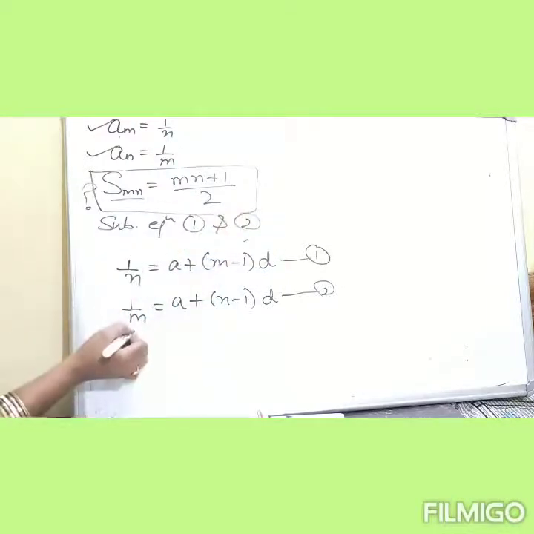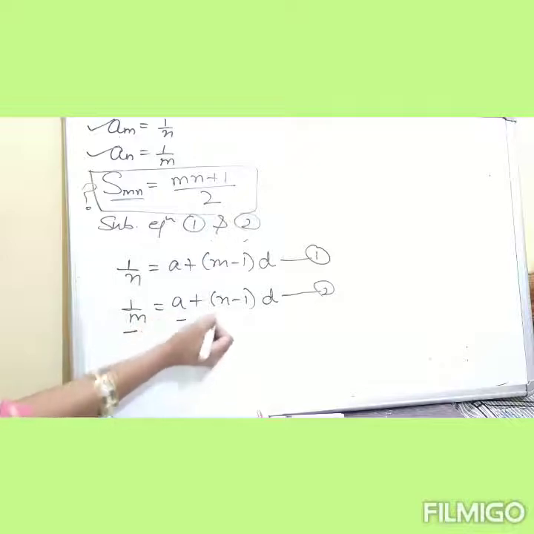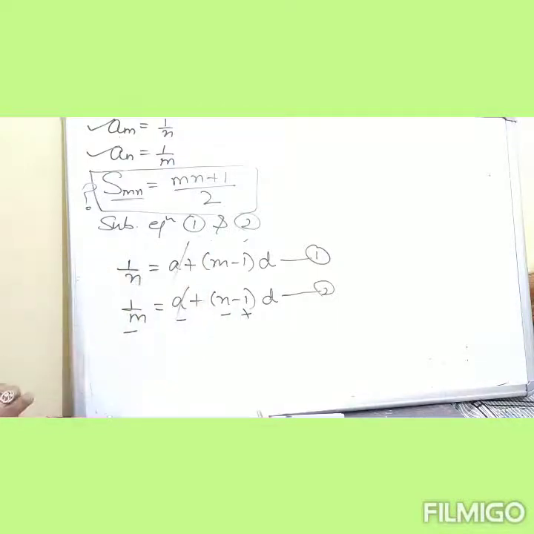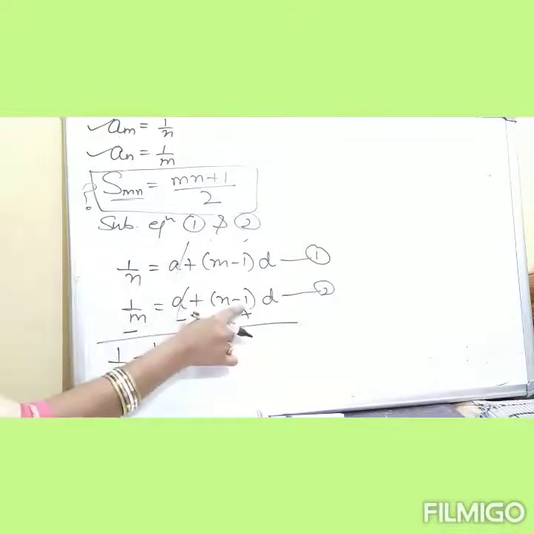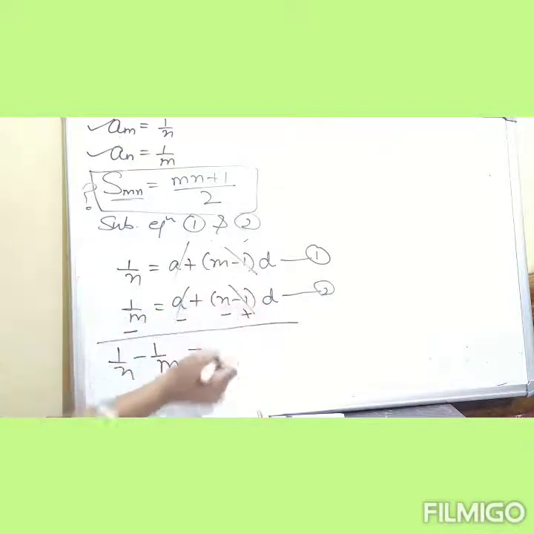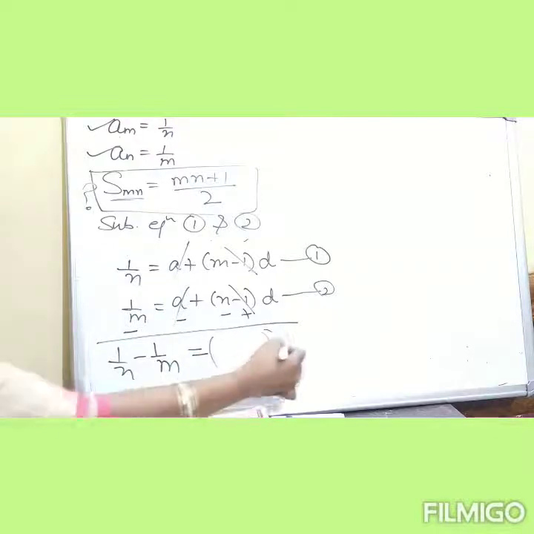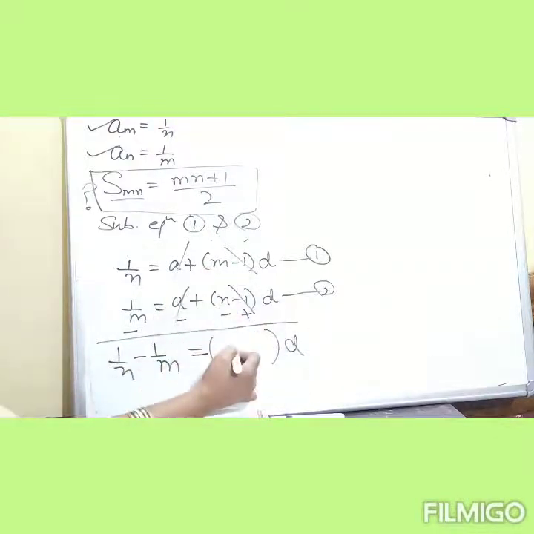What do we get? We have to change the sign. This will be minus, and if I change the sign inside the bracket, this will be minus and this will be plus. So a minus a will cancel out, and we are left with 1 by n minus 1 by m equal to, this plus 1 and minus 1 cancel out. d is common in both, so we can take that common and we'll get (m minus n).